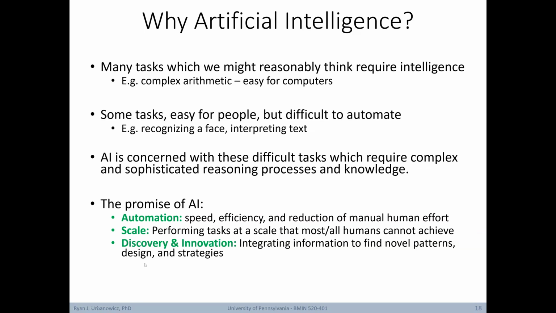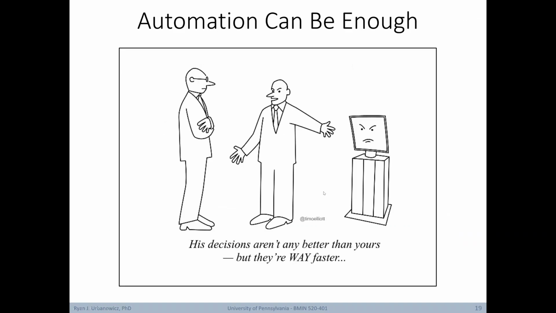Lastly, we have this desire to discover and innovate with AI, right? So how do we integrate information to find novel patterns, to design things, and produce new strategies? So we want to see if we can get computers to go above and beyond what human beings can do.